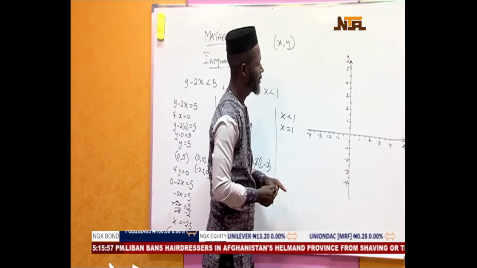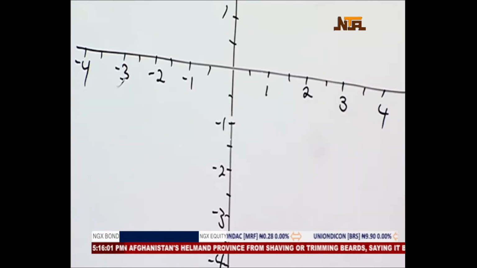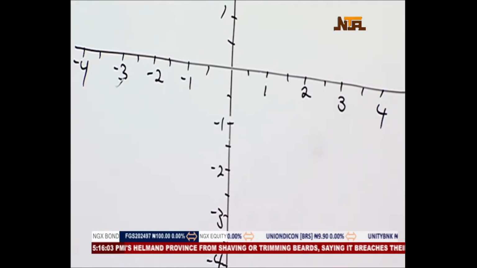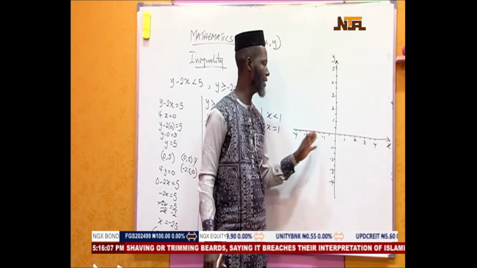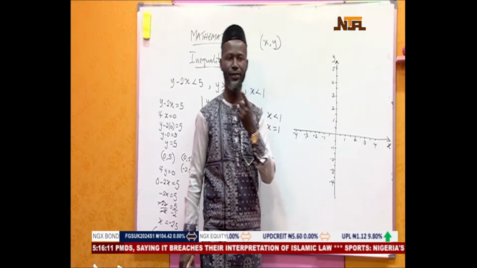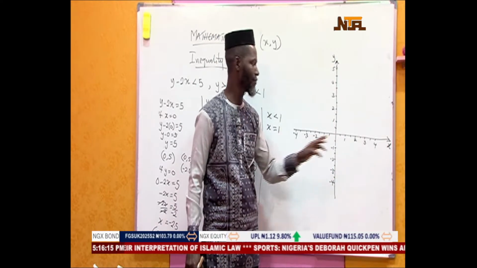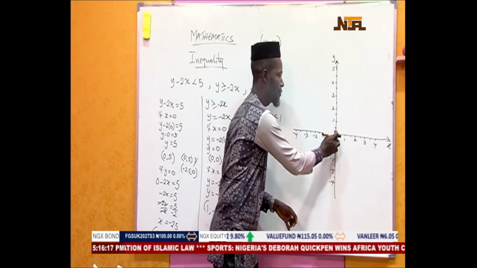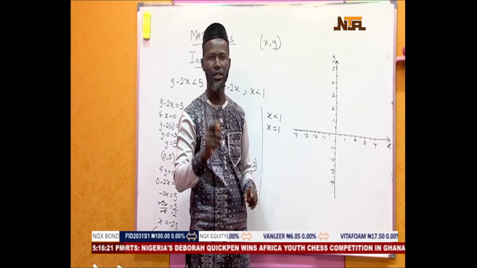Now, the scale that we use, from here to here represents 1 centimeter. And the implication of this is that on the x-axis, we use 2 centimeters to represent 1 unit. Because from here to here is 1 centimeter, and from here to here is 1, that means from here to here is 2 centimeters, which represents 1 unit.